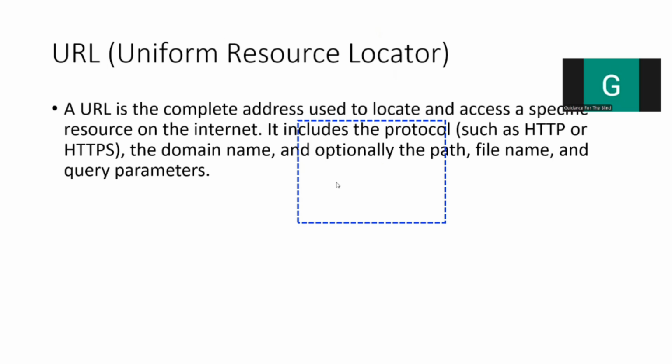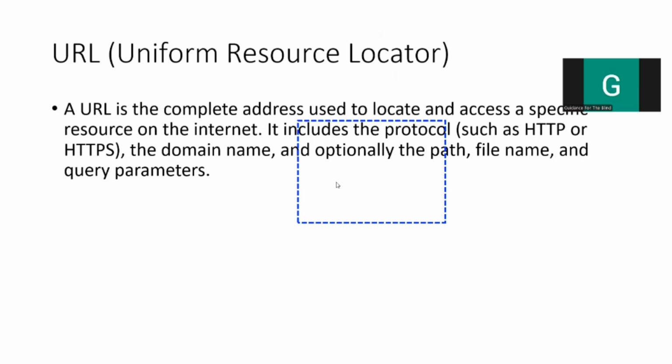Now within links, you could specify where you would want to go. For example, if you were to search for guidance for the blind 5.wordpress.com, you would land on the homepage of the website. On the other hand, if you were to write guidance for the blind 5.wordpress.com/blog, you would land on the blogs page of the website.